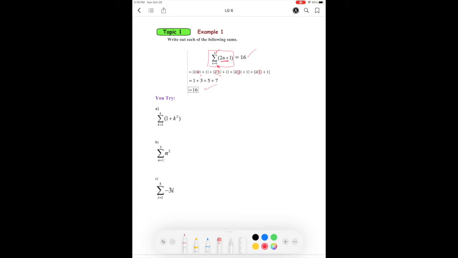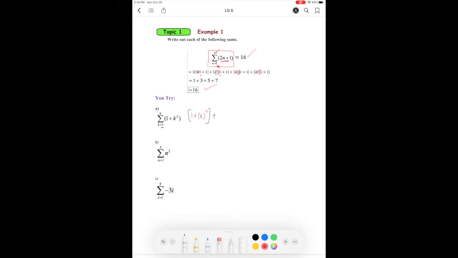So let's try this one. I'll do this one, and then you guys can practice B and C. So watch. I have the formula 1 plus k. Now I'm taking the k out because I'm starting off with 3 here, so 3 goes there, so I get that total.